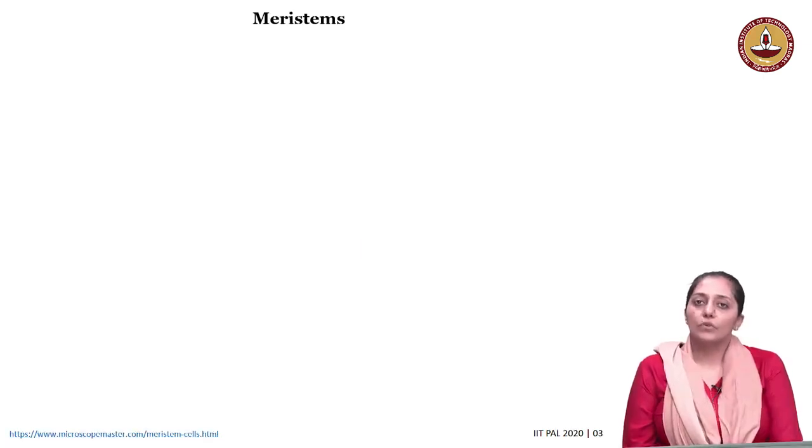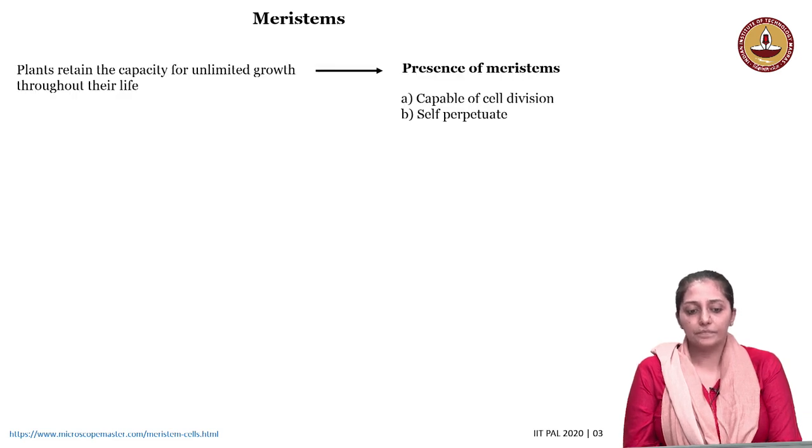Now how do plants grow in nature? This growth in various different regions of the plant happens due to a set of cells which form a region called as meristem, and these places are called as meristematic regions of the plant, where there is rapid cell multiplication happening.